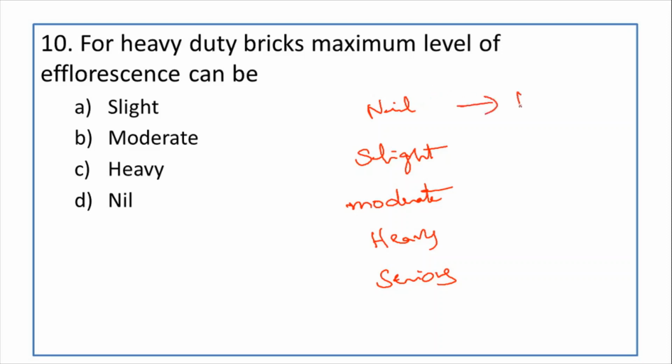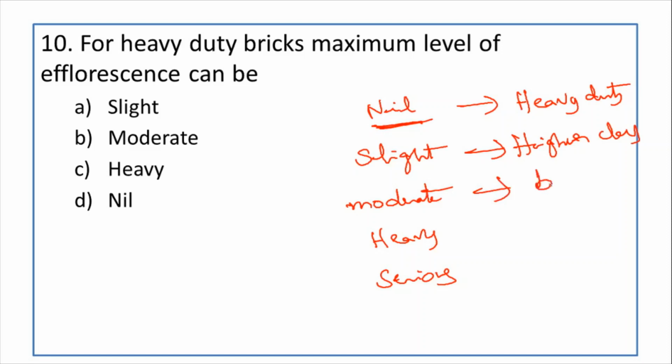Now if you take the heavy duty bricks, for that efflorescence level should not exceed nil. And for the higher class brick where the compressive strength is greater than 15 Newton per mm square, it should not be more than slight. Then simply if they ask you for the brick, efflorescence level should not be more than moderate. So in the question they're asking for heavy duty bricks, maximum level of efflorescence can be how much?